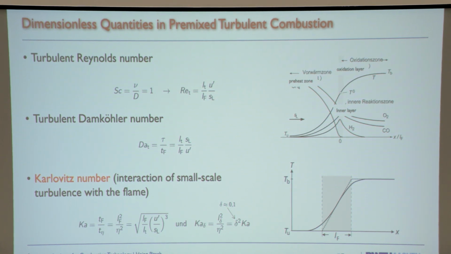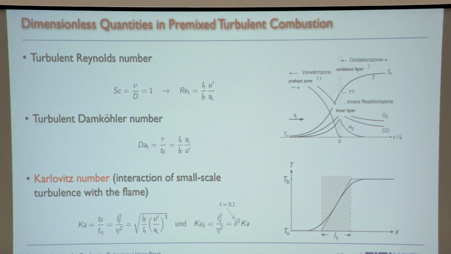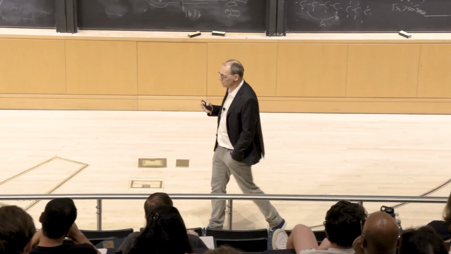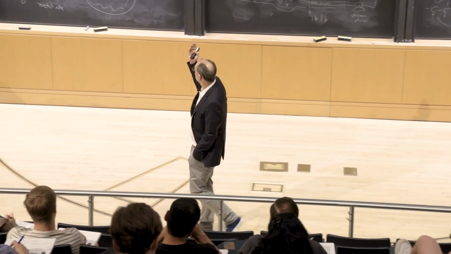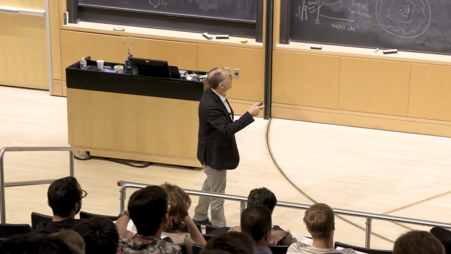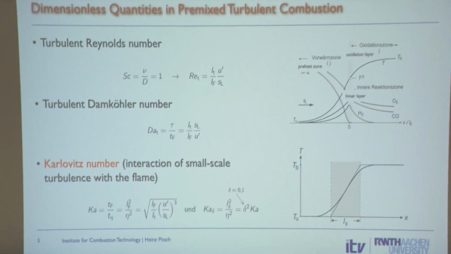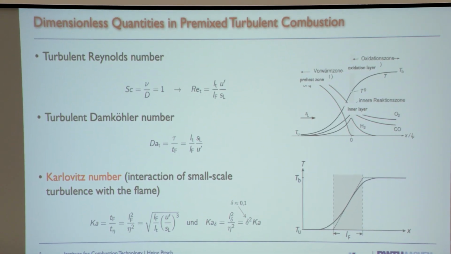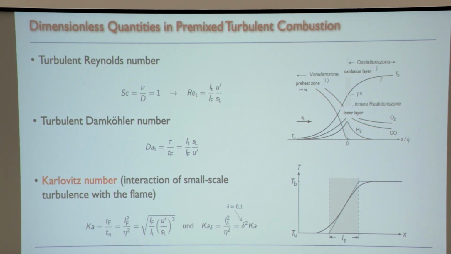And then another interesting quantity we want to define is what we call the Karlovitz number. The Karlovitz number expresses the ratio of the flame time to the Kolmogorov time scale. So I said earlier, maybe the Kolmogorov eddies interact with the flame, and that's what the Karlovitz number expresses.